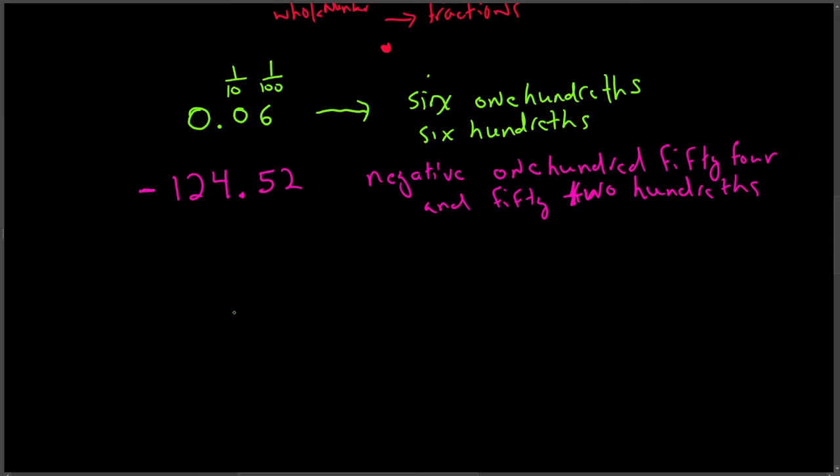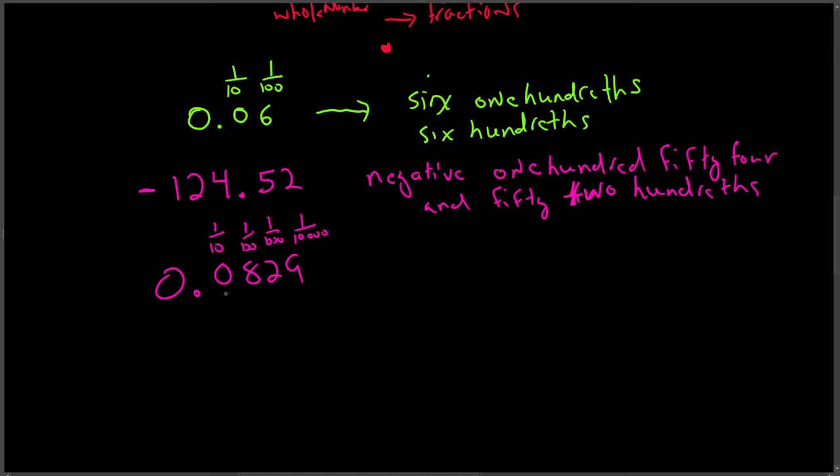Let's look at another one. We'll make a longer decimal here. So this is the tenths place. This is the hundredths place. This is the thousandths place. And this would be the 10,000ths place.